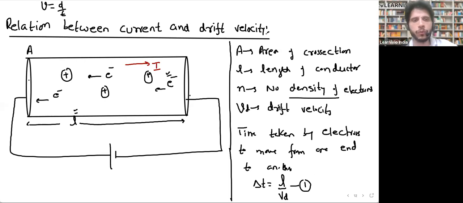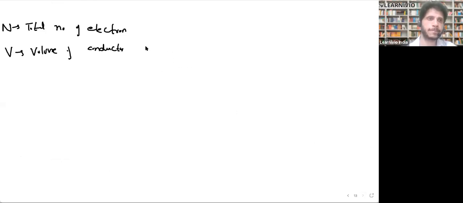So volume is equal to area into length. The volume of the conductor is length multiplied by area of cross section.